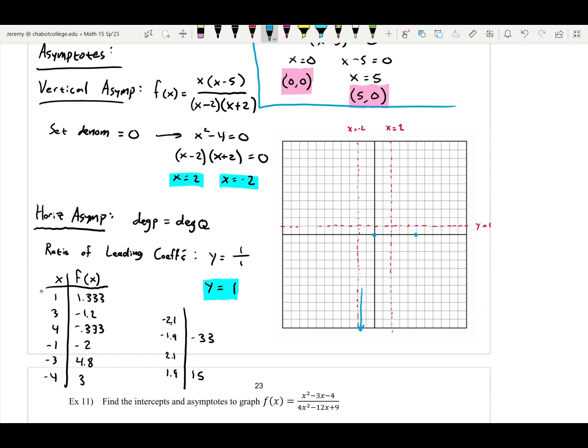That indicates that as I approach this vertical asymptote at x equals 2 from the right, it's going to be going up, because I got a pretty large positive number. So that's what I mean when I say determine the behavior near the asymptotes by picking x values for your table of values which are very close to those vertical asymptotes. Okay, I'm going to plot a couple ordered pairs here, 1 1/3.